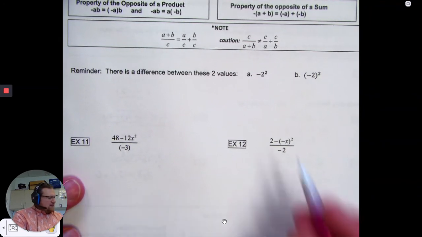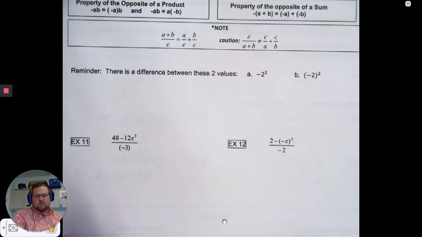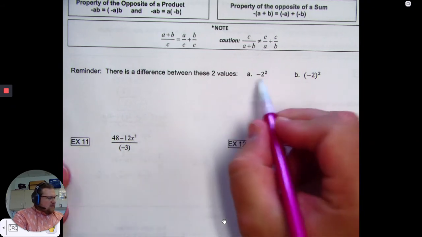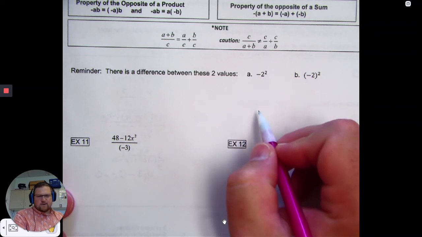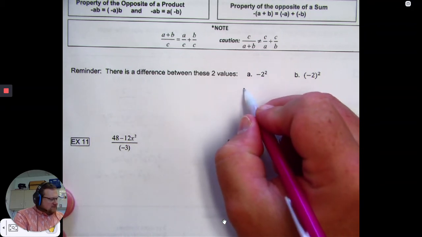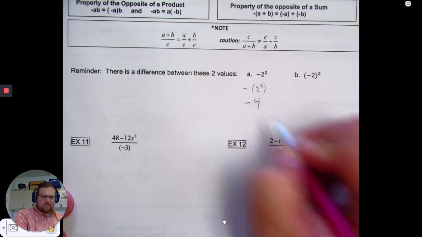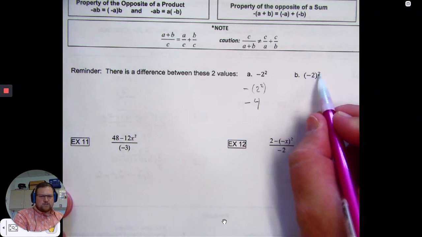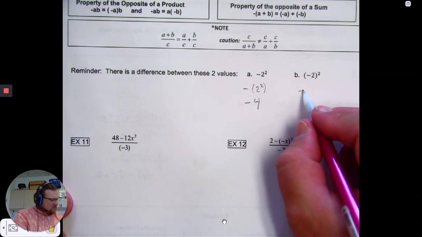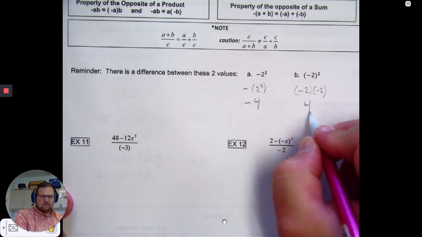Okay, and then real quick here, this is something that a lot of you guys will run into issues with at points, so we really got to make sure that we're careful with this. If we have a negative, this is the negative of 2 squared is the way that that's actually read. So this means the negative of 2 squared, or a negative 4. Whereas this is the quantity, a negative 2 squared, which means this is really a negative 2 times a negative 2, which is a positive 4.